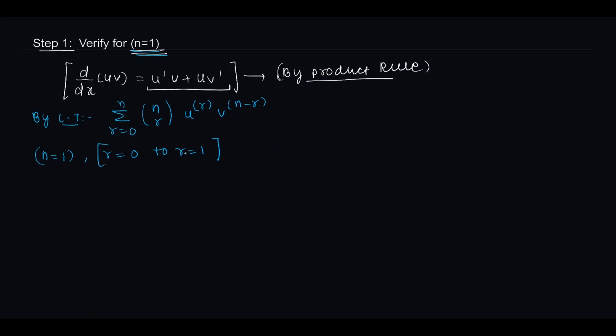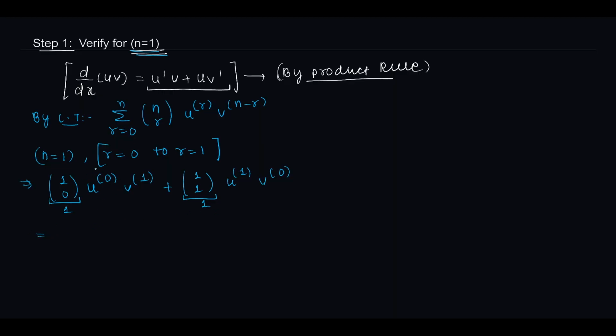Now, as we know all the values, we can directly substitute them. So we get 1 choose 0, u^(0), v^(1) plus 1 choose 1, u^(1), v^(0). By using the formula of binomial coefficient, you will get the values as 1 and 1 for both of them.